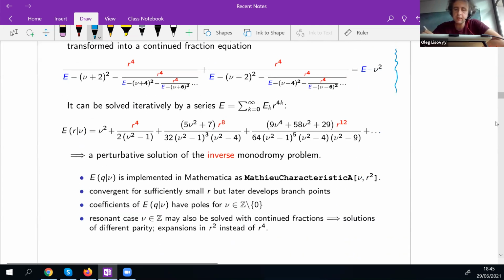We have this expansion here. You see that this is the analog of the isomonodromic time t.